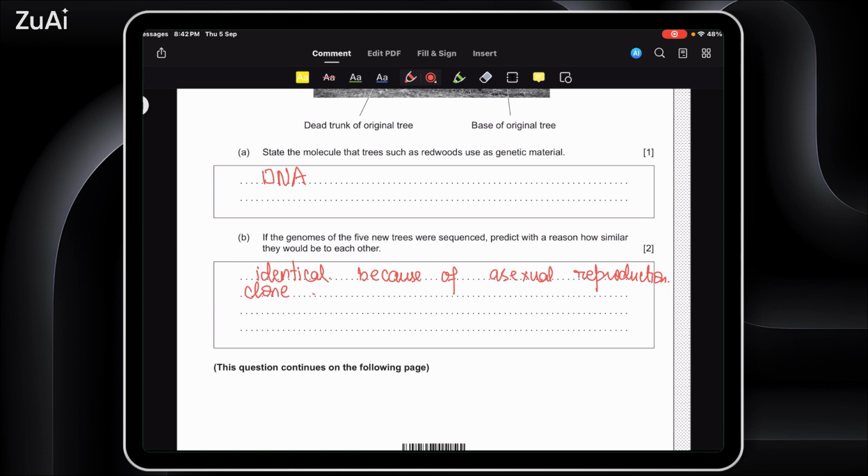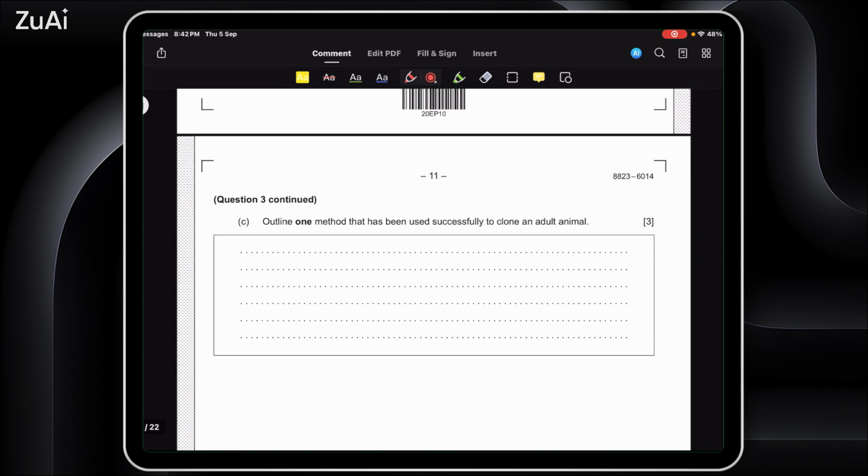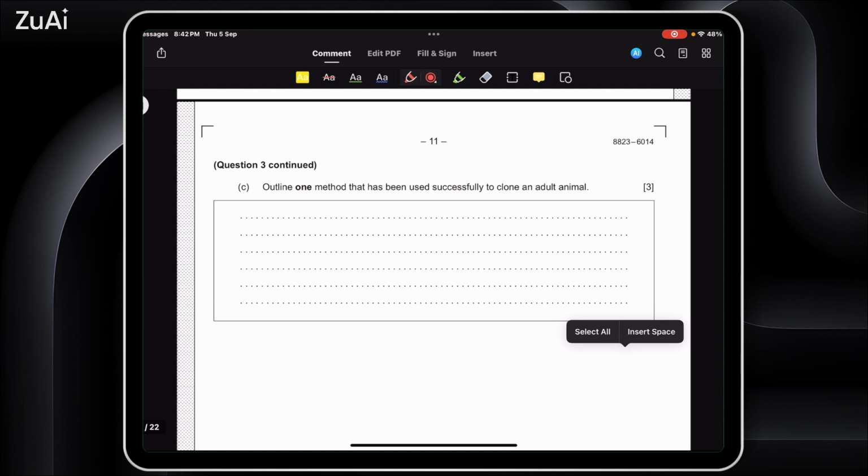Outline one method that has been successfully used for cloning.